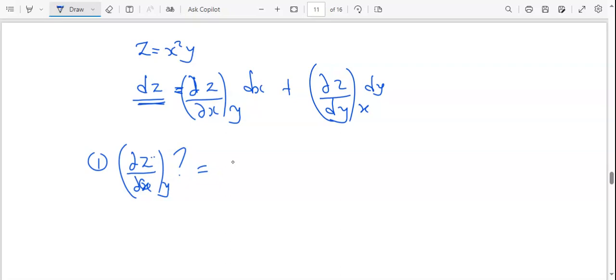So I'll say partial change in z is equal to what? X squared y over partial change in x like that. All right, so we can see here x and x will cancel. So I'll say partial change in x squared over partial change in x, times y.